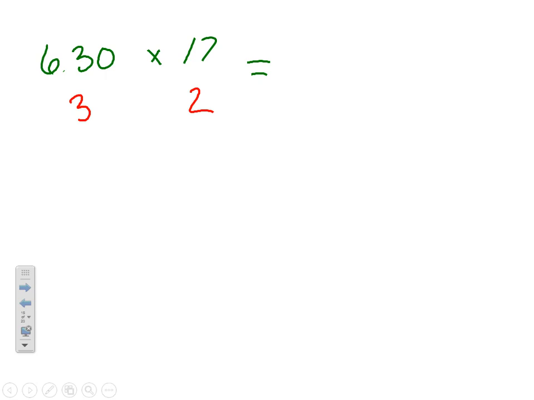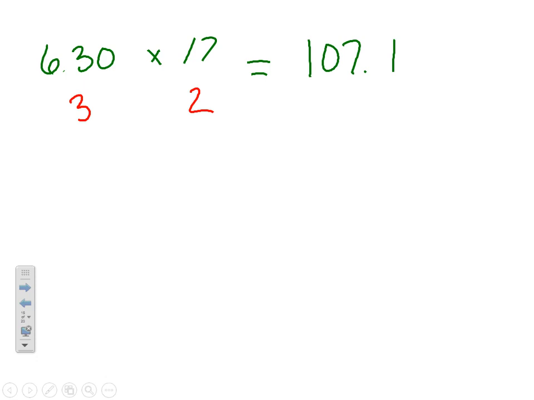So when you take 6.30 times 17 in your calculator, the number you end up getting is 107.1. Now, how are we going to make that into 2 sig figs?